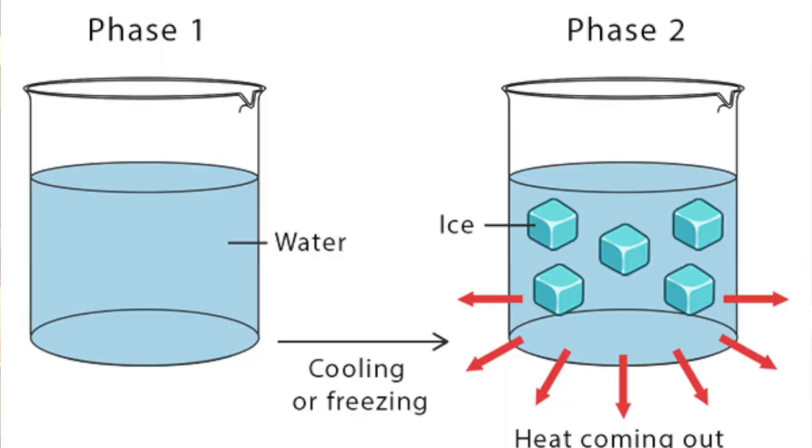Ice forming is an example of an exothermic reaction where the heat from the water is leaving. So when we say that the ice is forming, we are essentially saying that the heat is escaping from the water. Those would be common examples of exothermic reactions.